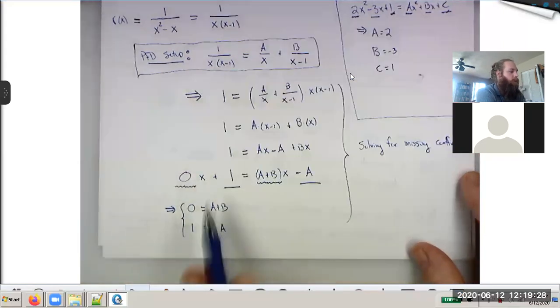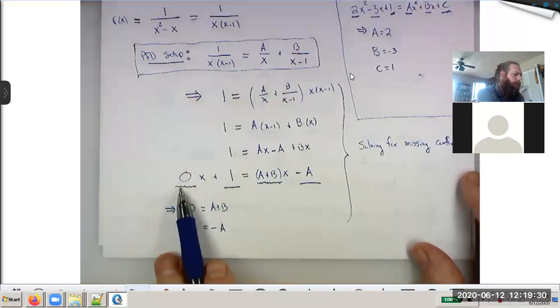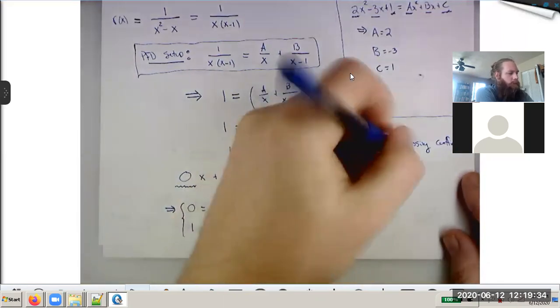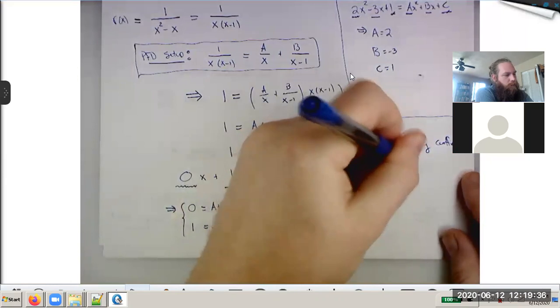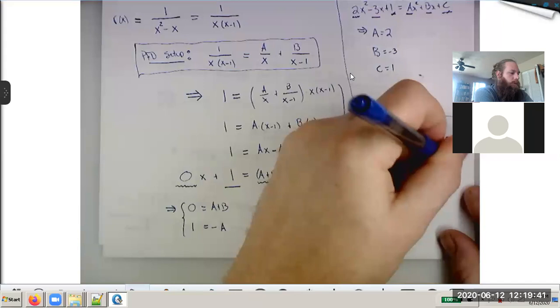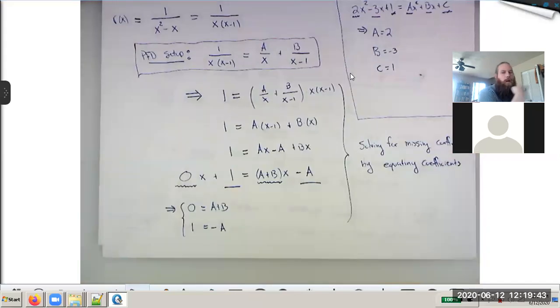And in this case, what I'm using is called equating coefficients. There is another way to do that, which I will show you later, that can be faster, but doesn't always work. So the method I'm showing you right now always works.